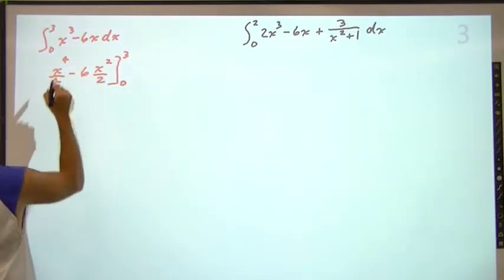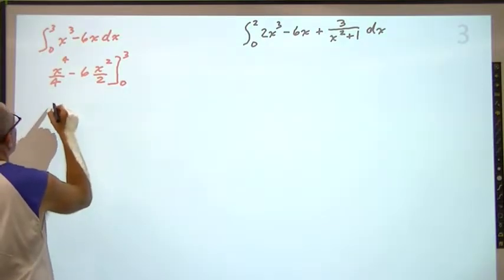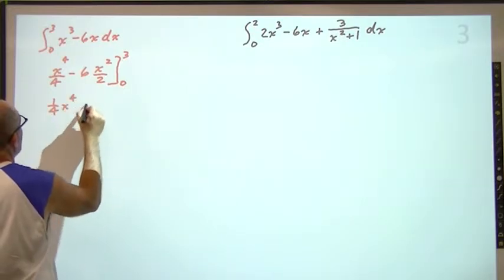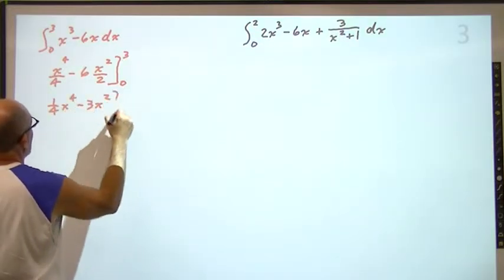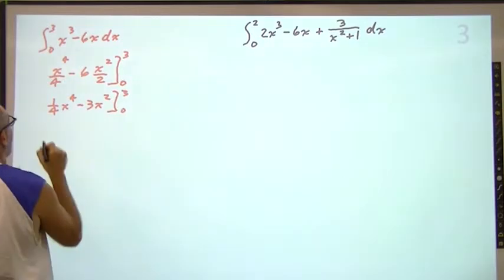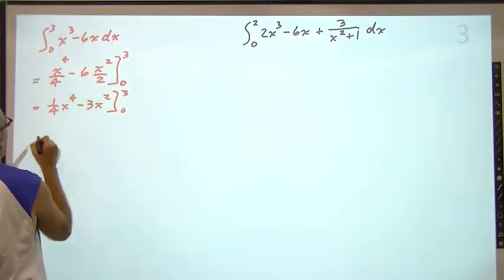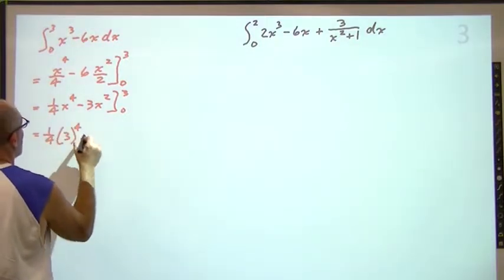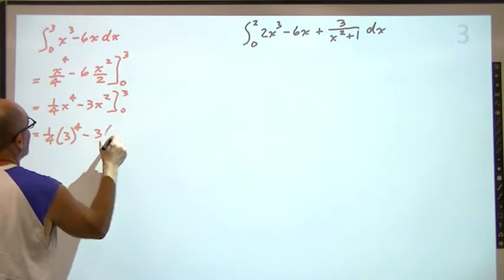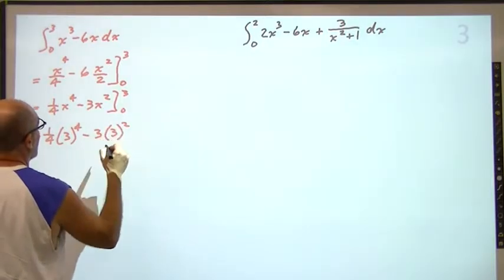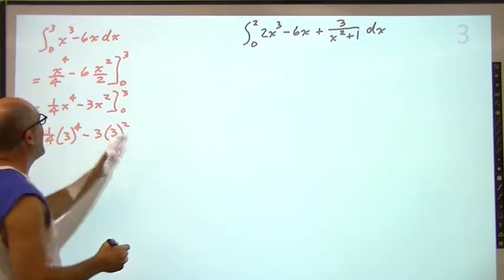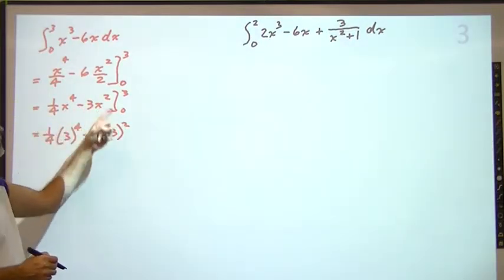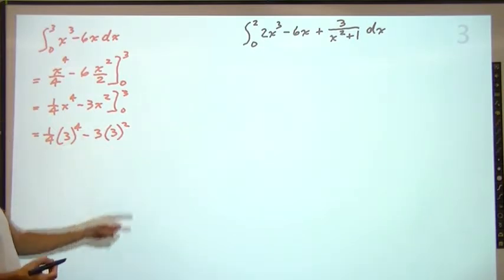Now, we can simplify this, so let's just make this 1/4 x to the fourth minus 3x squared from 0 to 3, and that equals 1/4 times 3 to the fourth minus 3 times 3 squared. Now, minus 1/4 times 0 to the fourth minus 3 times 0 squared, which is 0. So this is going to be it.